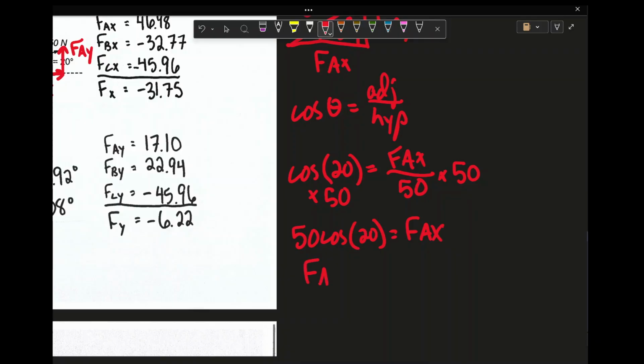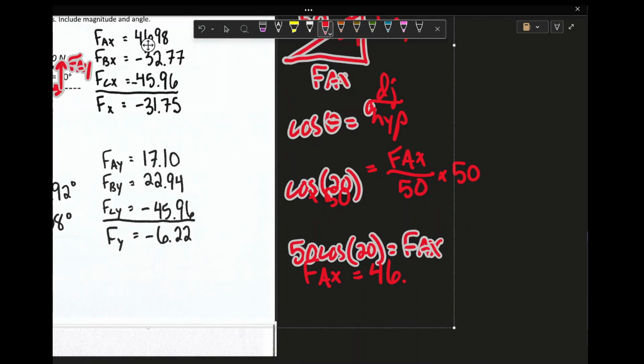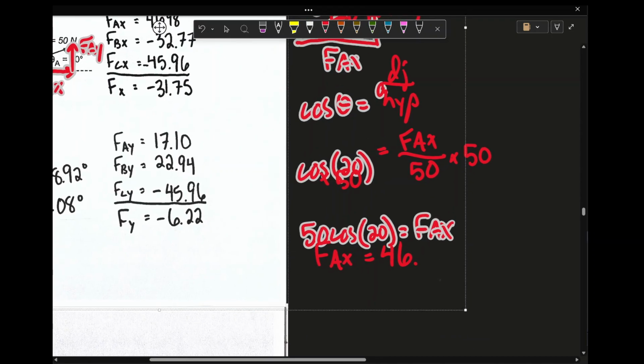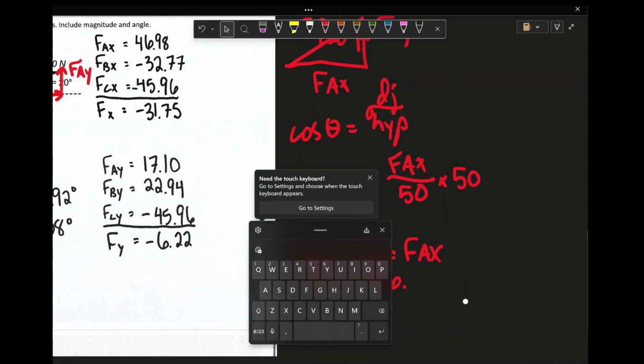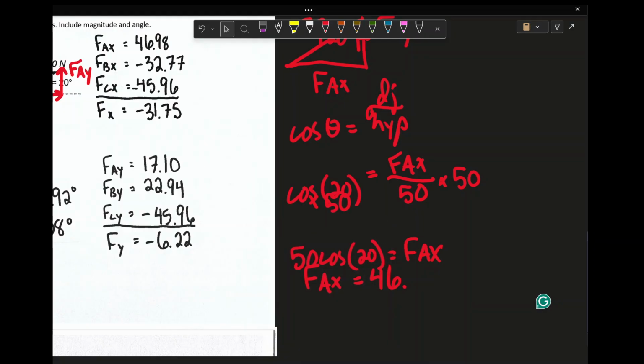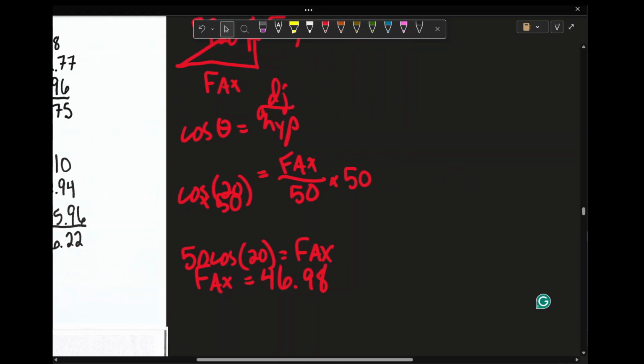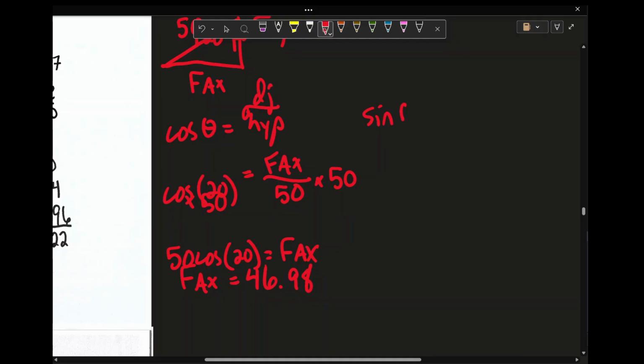And then if we calculate that out, 50 cosine of 20 is 46.98. Okay, moving on. Then for the y component, we're going to use sine. Sine theta is opposite over hypotenuse.